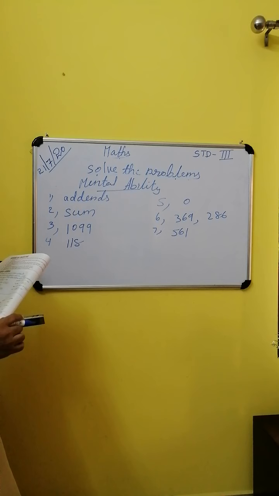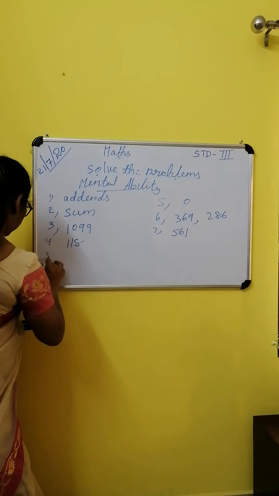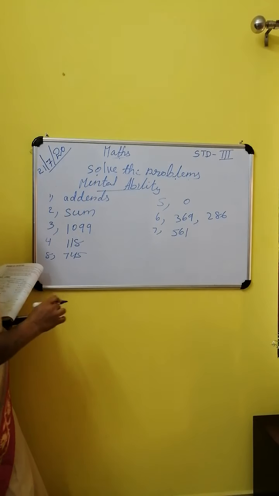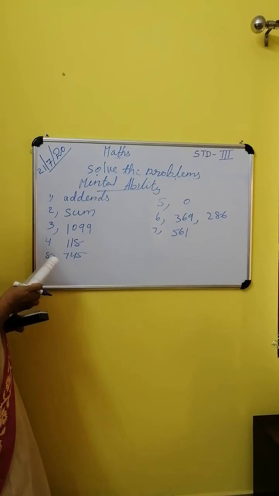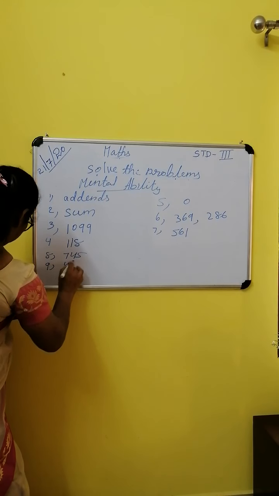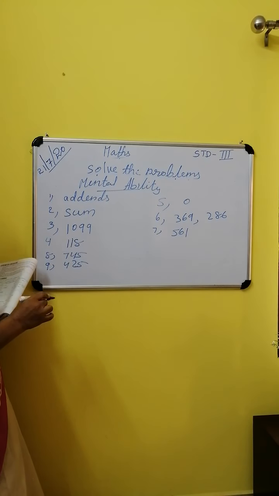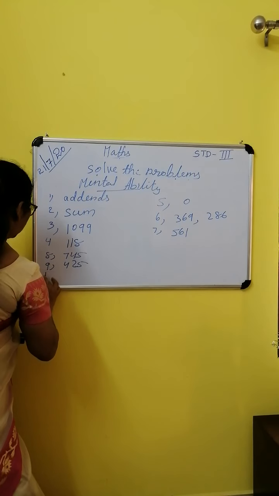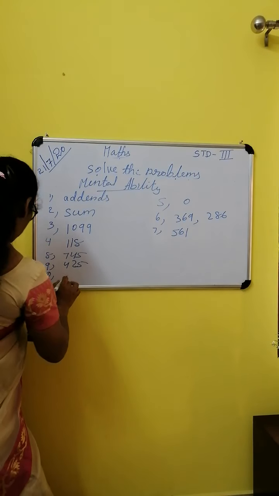Eighth one, 745. Number 9, 425. Number 10, that is successor. Number 10, 1000.